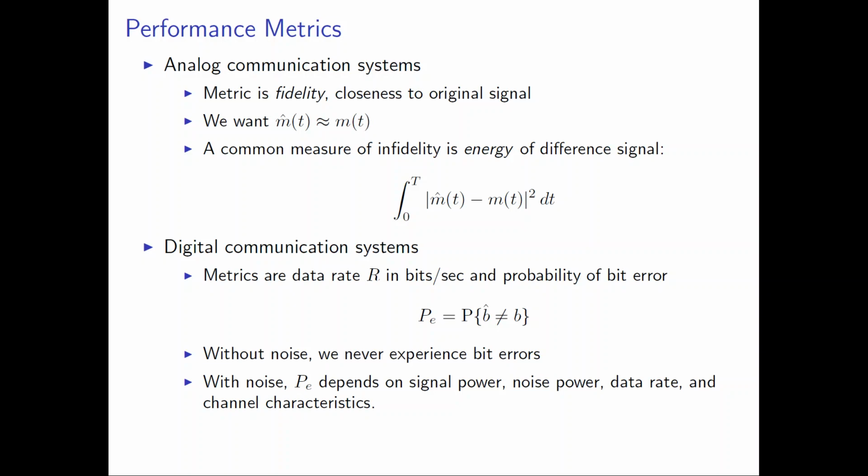But there is also another guy who designed a very perfect system, and gave me 0. This means the M hat of t is exactly the same as the transmitted one. What an amazing system. You cannot do much better than this. Of course I will go with that. But he will tell me, okay, but there is a catch.